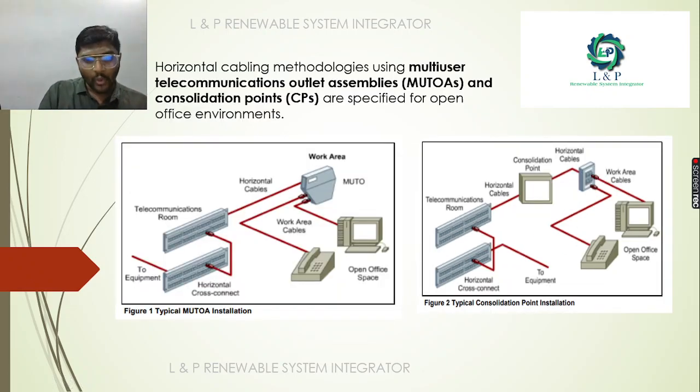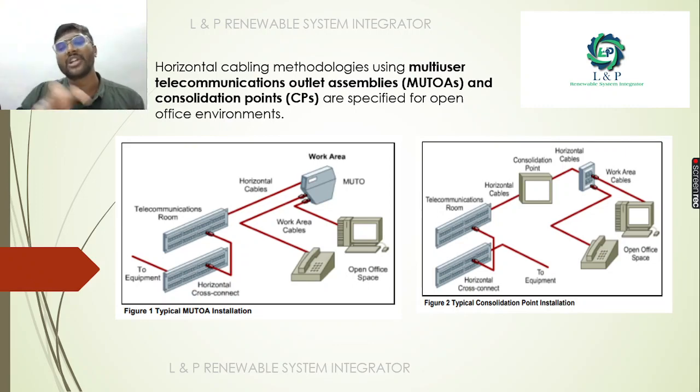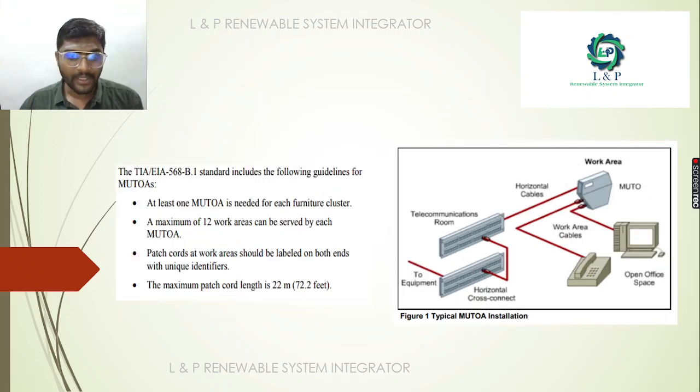But in case of MUTO, what is there? You have a work area, and from the work area you directly run your horizontal cables to the telecommunication room. That is the biggest difference. Mostly for the office environment, we will be following these horizontal cabling methodologies, that is multi-user telecommunication outlet assemblies, MUTO, or CPs, that is consolidation points.